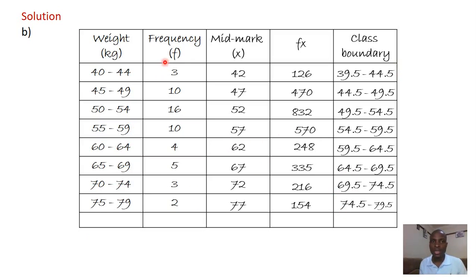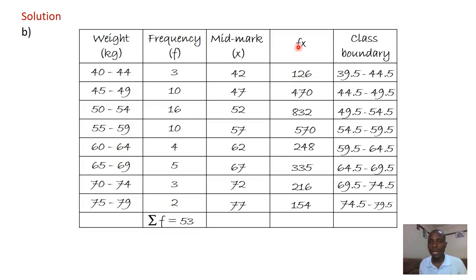Let us also get the summation here, summation of f. We add this 3 plus 10 plus 16 plus 10 plus 4 plus 5 plus 3 plus 2, that is 53. Then here we have 100.